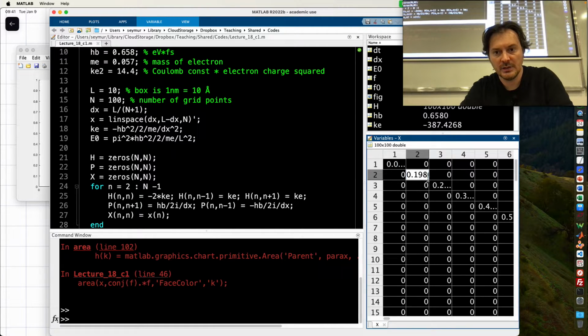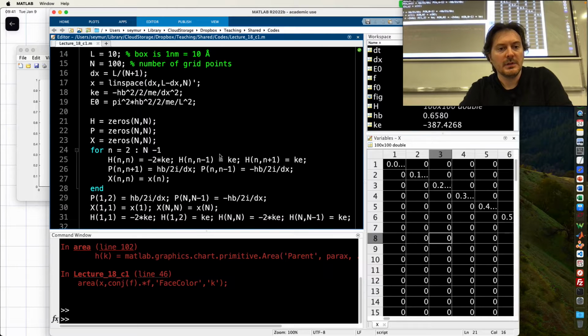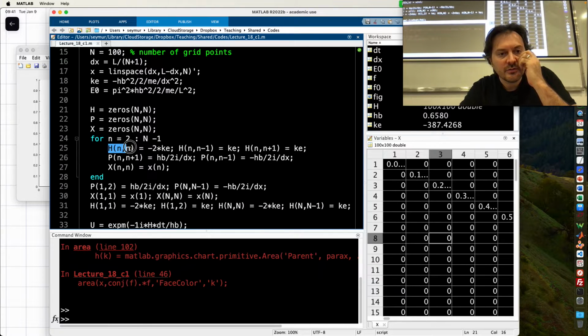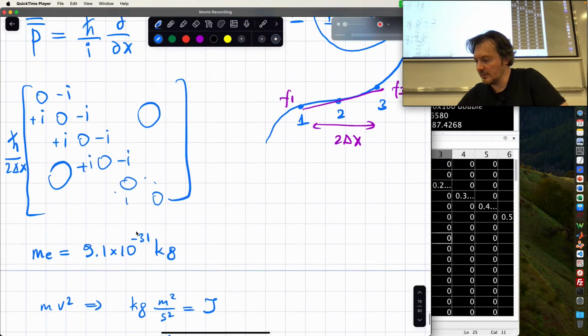So 0.1, 0.2, 0.3, 0.4, etc. Then what do I have at H? Hamiltonian. Hamiltonian should have every term. Look at the Hamiltonian.